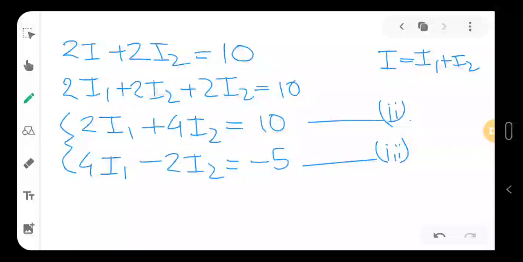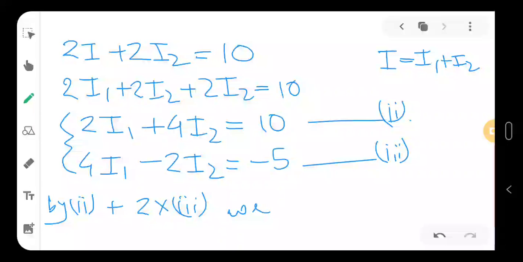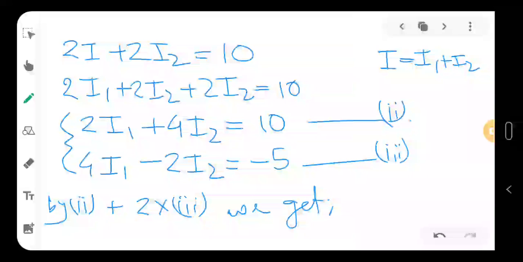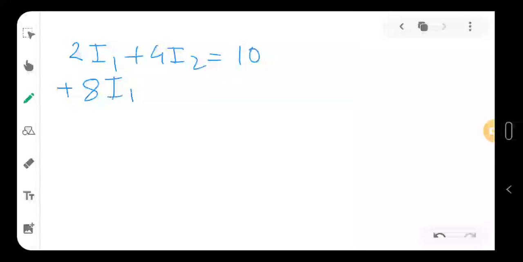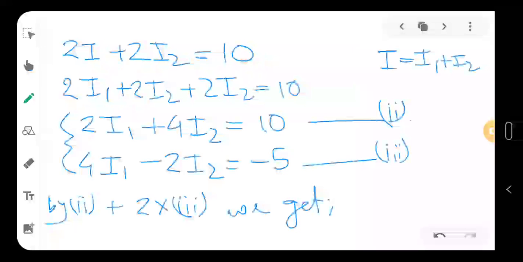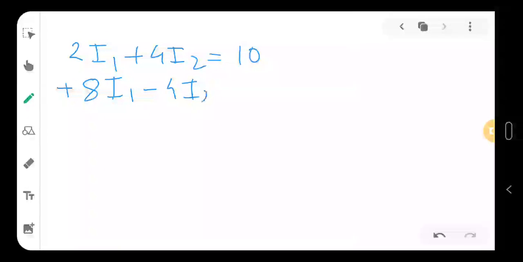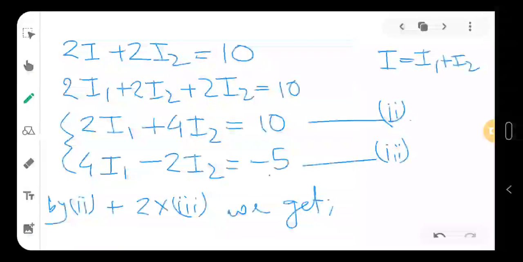So in the next page we have 2I1 plus 4I2 is equal to 10, because we are not doing anything, and we are adding, now this we are multiplying with 2, so that will be 8I1, then this will be minus 4I2, so 5 will be multiplied with 2, so that will be minus 10.